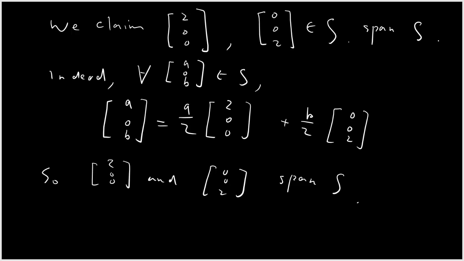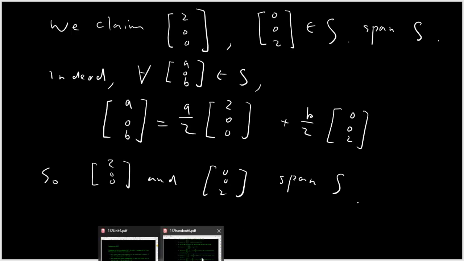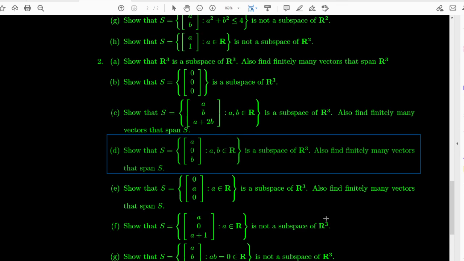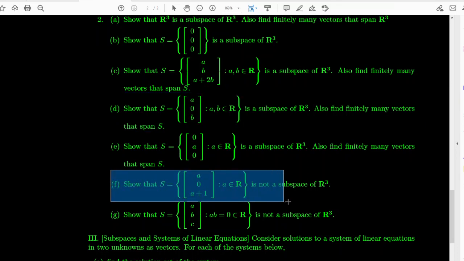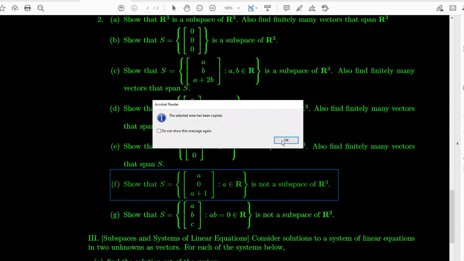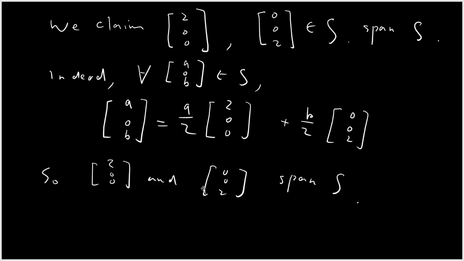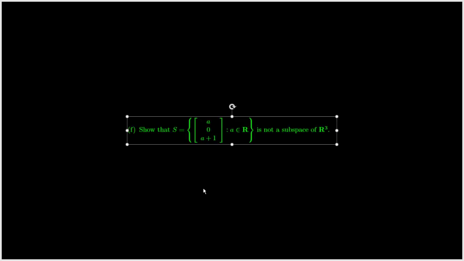Actually, we have seen a few subspaces, but now I want to show you a few subsets that are not subspaces. Okay. Maybe we'll move on to question F. I will show you at least 2 particular cases the set is not a subspace.